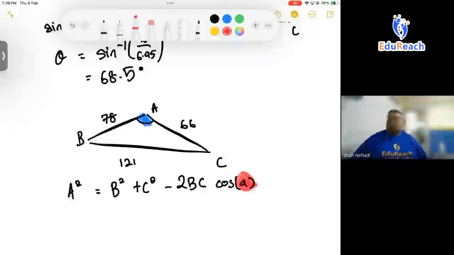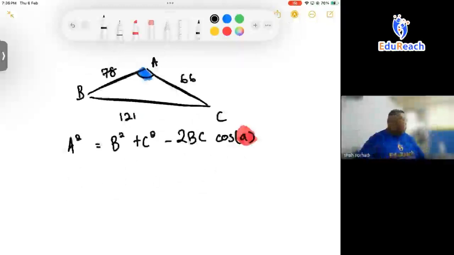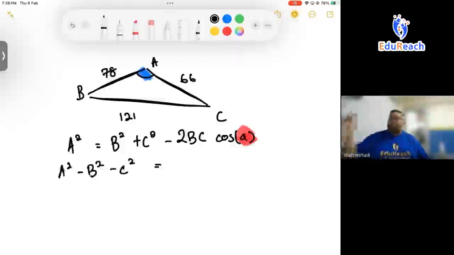Like I said, I don't like to put the numbers first. You will mess up the cosine rule. So I'm going to do my subject formula first. That means I want to rearrange so that I can have A on one side. The first thing I will shift is my B square and C square. Agree? I shift it over.